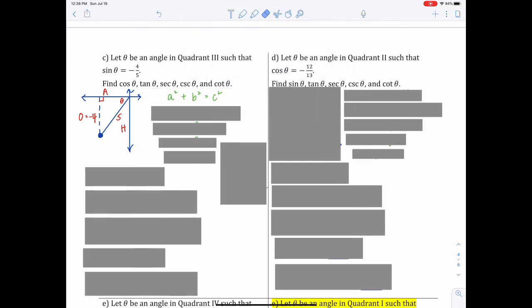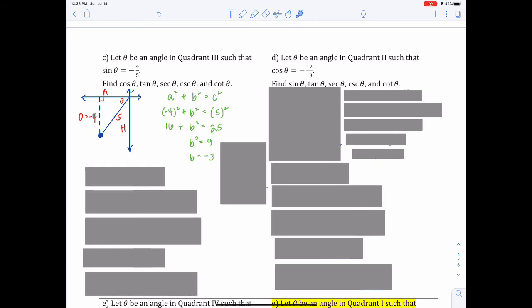Again, we have a squared plus b squared is equal to c squared. Plugging in my -4 and my 5 respectively, I have -4 squared plus b squared is equal to 5 squared. You could absolutely just flip these, it doesn't matter, you'll get the same answer. 16 plus b squared is equal to 25, therefore b squared is equal to 9.